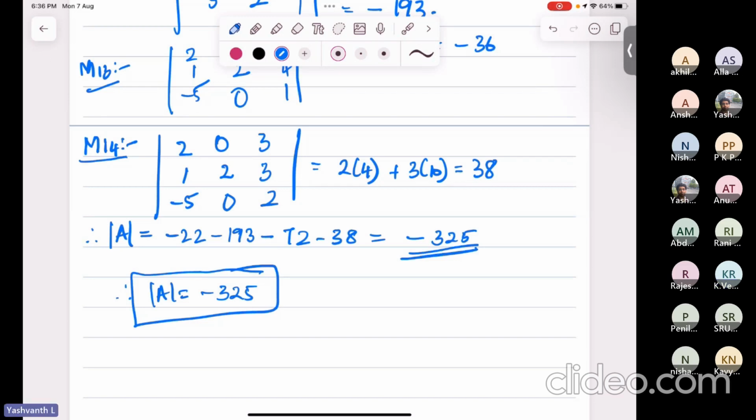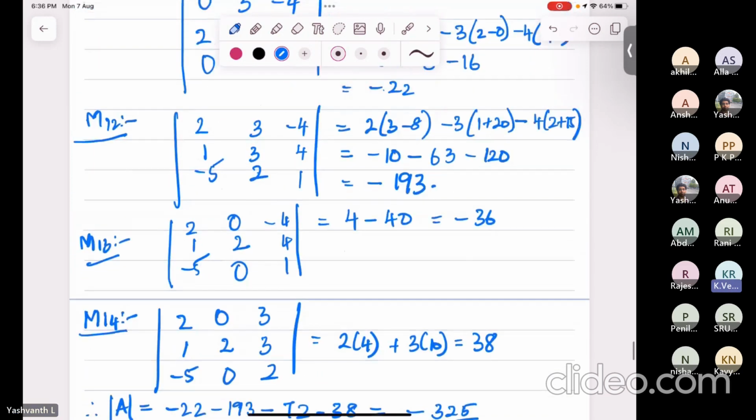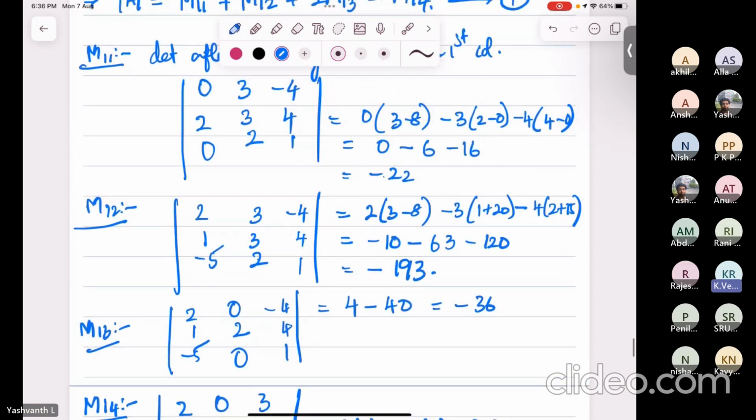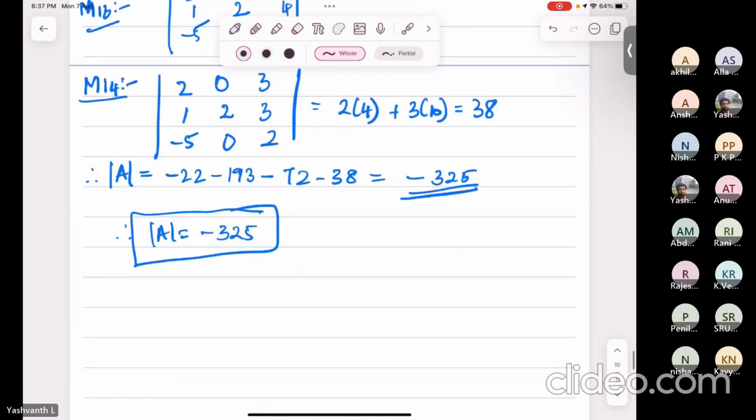Hello, sir. Yeah. There is an error in calculation of M12. Last value it is not minus 120, minus 68. So 4 into 17. Oh, okay. Yeah. So this is 17, right? So it is 268. Minus 141. Okay, then here also.